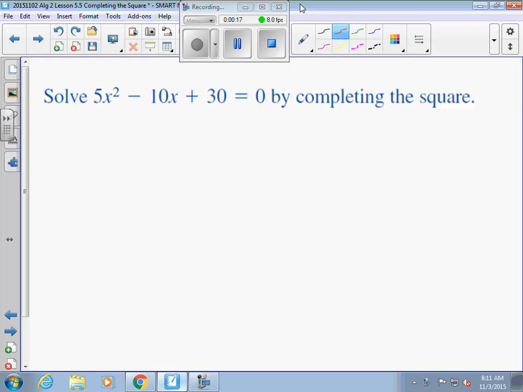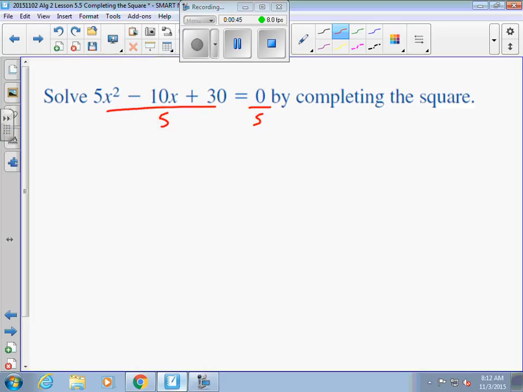First thing you need to do to make it look like the other problems we're looking at is take out whatever each one of the terms have in common. They all have the number 5 in common. Or you can divide the whole thing by 5. This is similar to that bell work problem we had that I said was kind of tough because you had to move the other thing over.